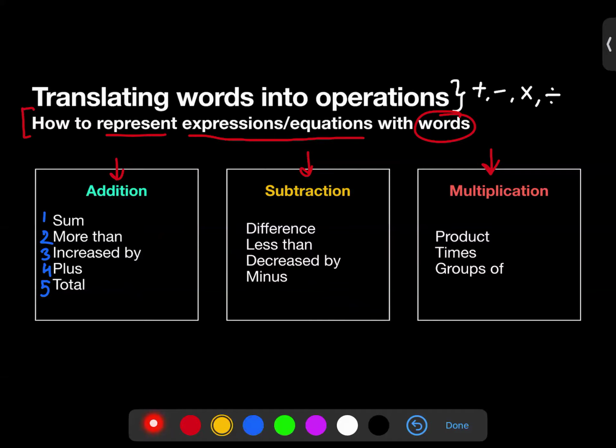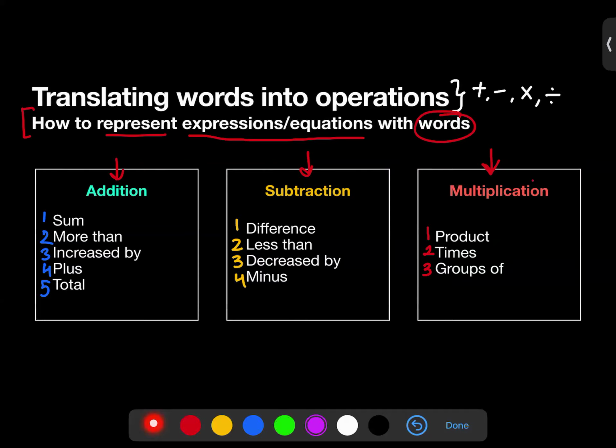Now, if you hear words like difference, less than, decreased by, or minus, these are all words that signal subtraction. And lastly, if you hear words like product, times, groups of, all these words should signal multiplication.